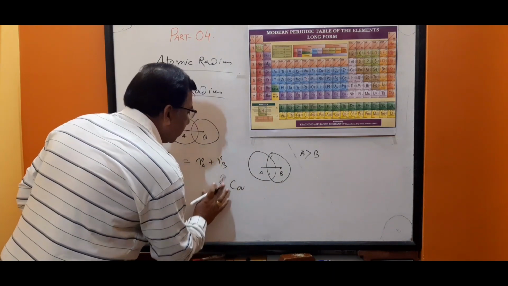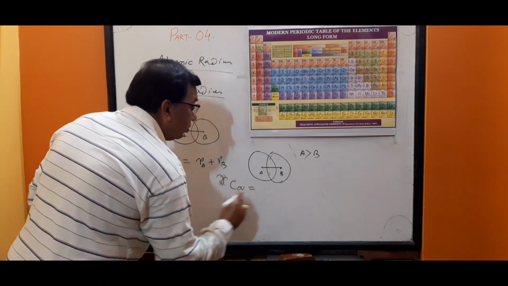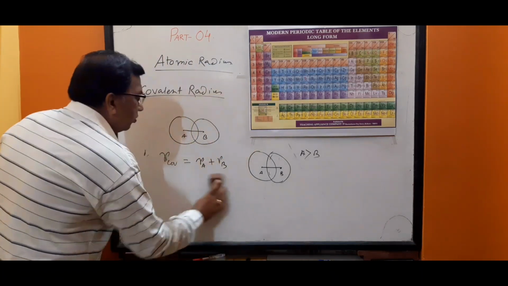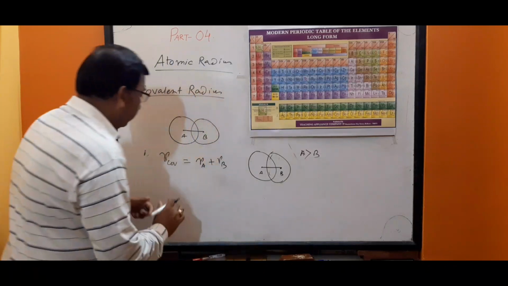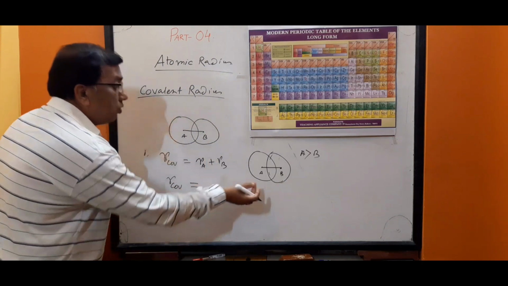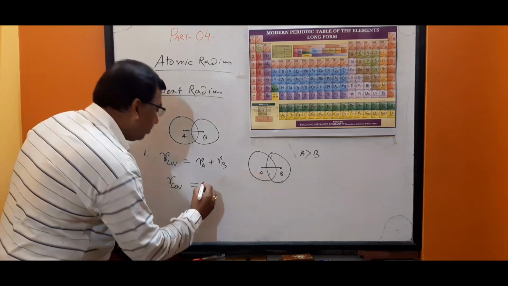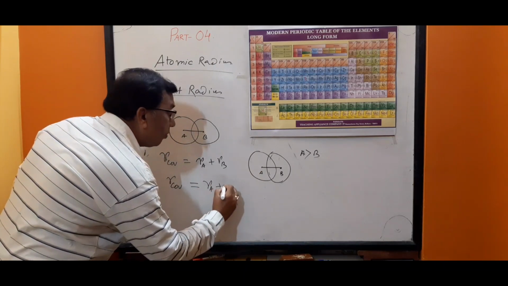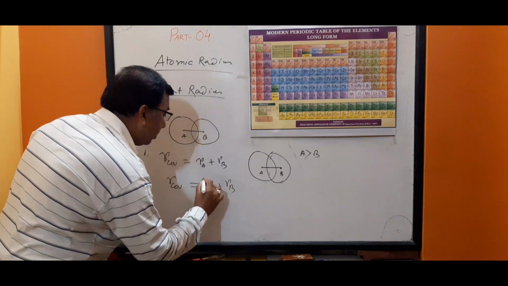radius, note it down, very important thing, covalent radius R equals the radius of A, Ra plus Rb.